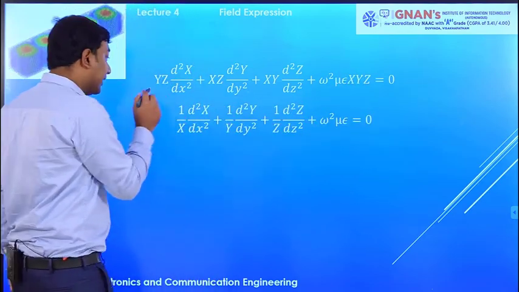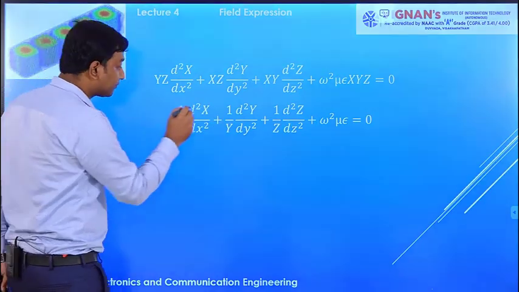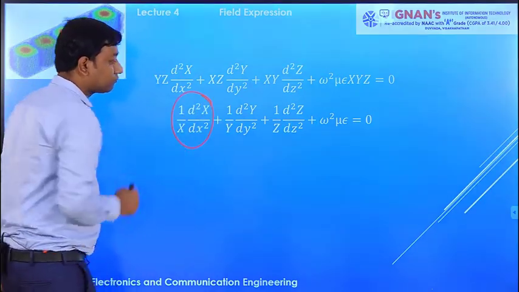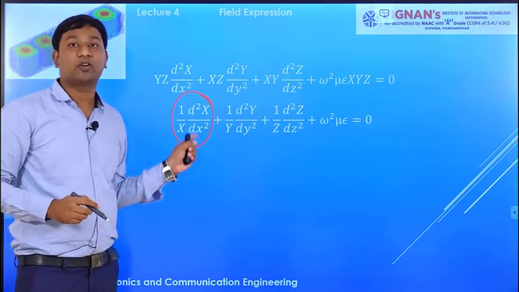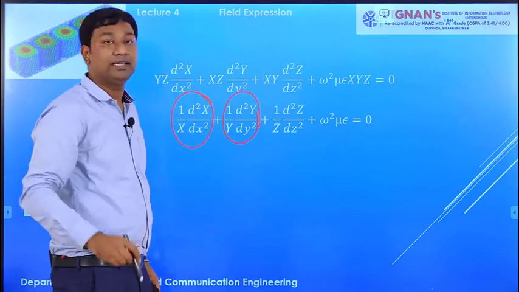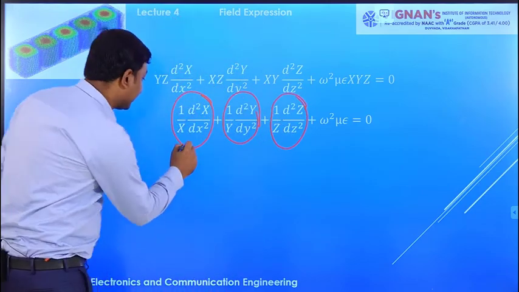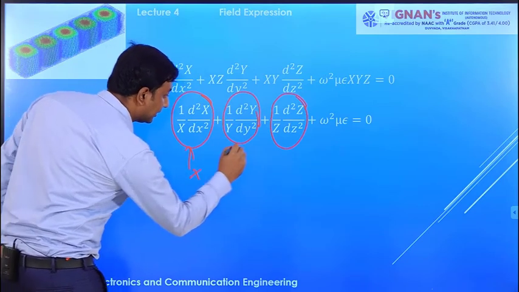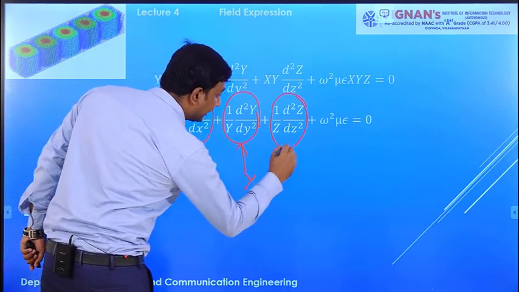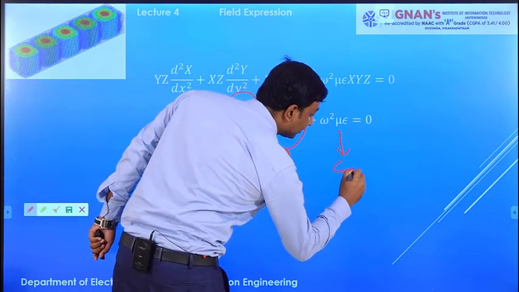So here, this first part is a function of x only, this second part is a function of y only, and this third part is a function of z only, and this last part we are taking as a constant.